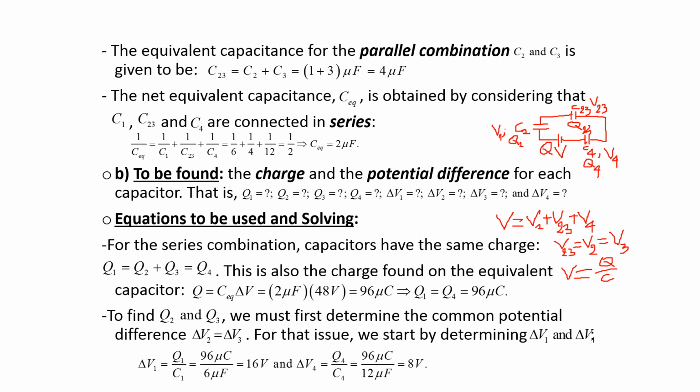And the potential difference across the fourth capacitor is equal to charge 4 divided by capacitance 4, which is equal to 8 volts. Then we may determine this voltage in parallel connection to be the voltage across the battery minus the voltage across the first capacitor minus the voltage across the fourth capacitor.